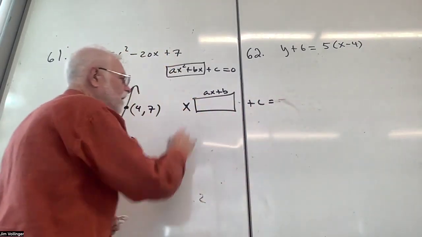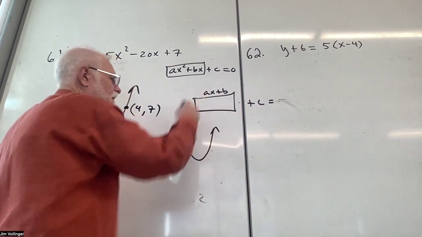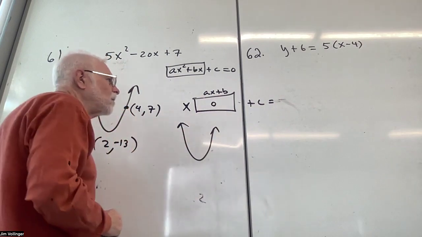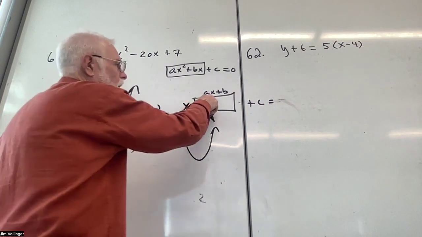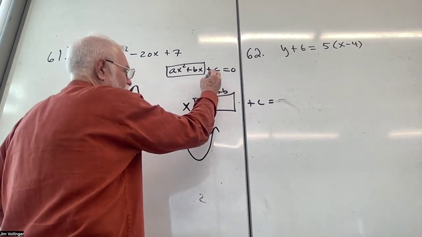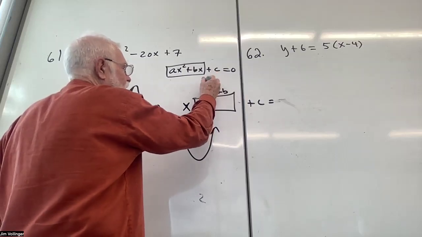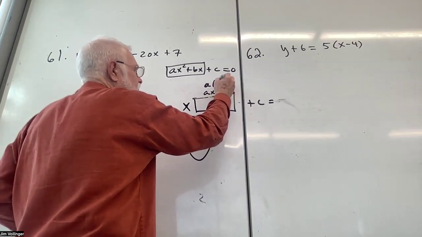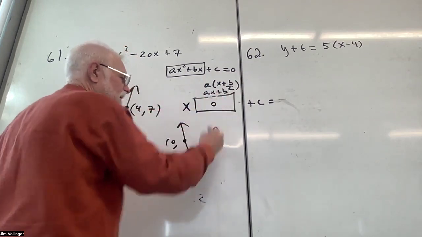But on this topic, we'll pretend a is positive. So I've got a cup shape up. And I can see that what makes that 0 is either 0 or, if I take the a term out, x times a times x plus b over a. So that's minus b over a.